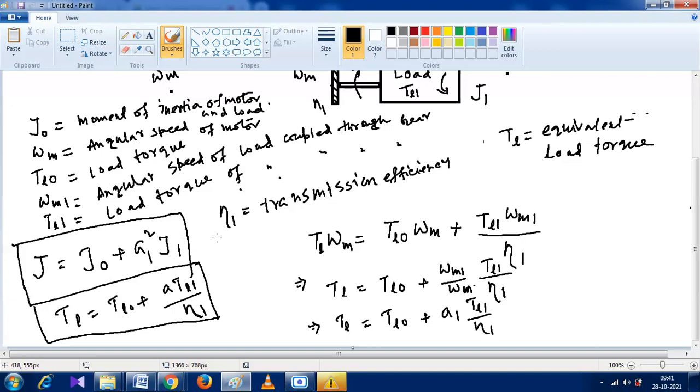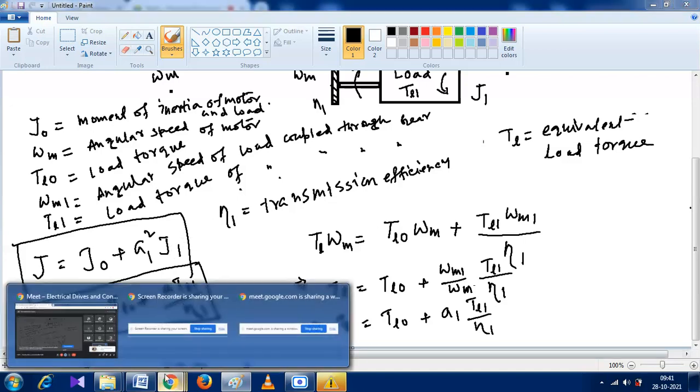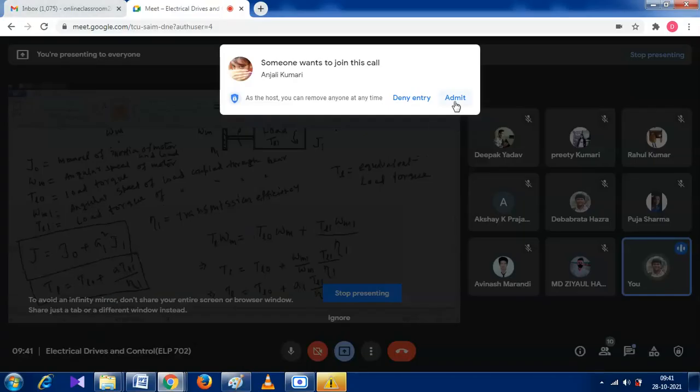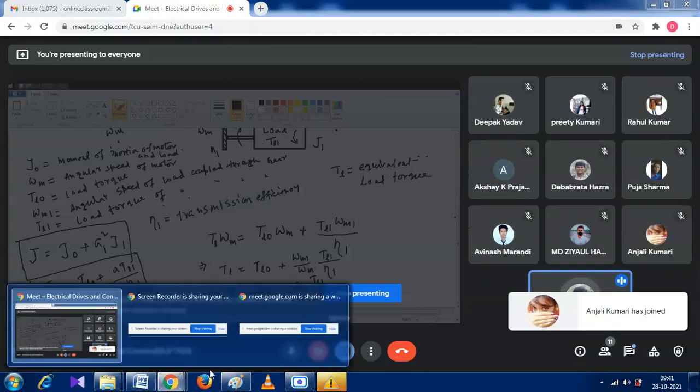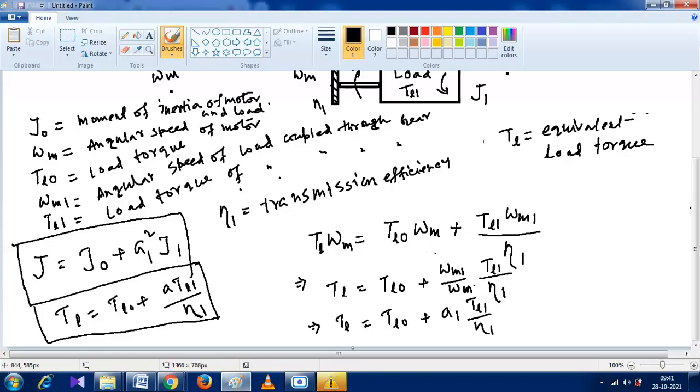And if there is m number of systems, how can we write this equation?